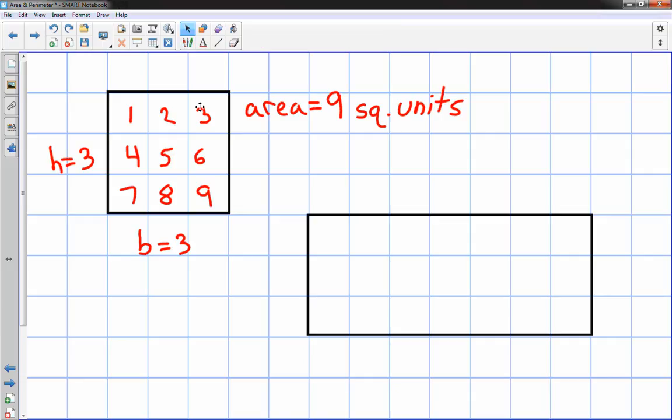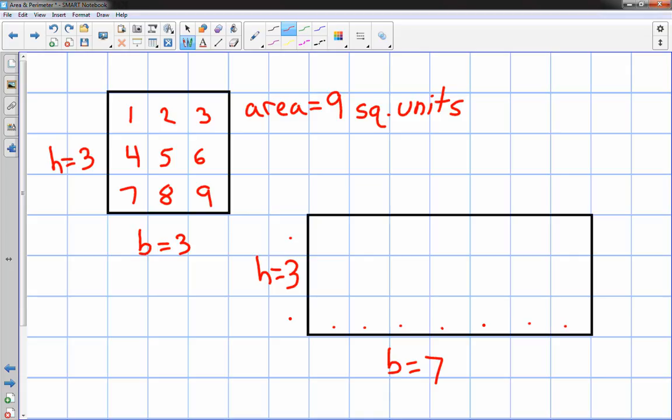Let's look at this rectangle. Okay, it has a height, 1, 2, 3, it has a height of 3. It has a base, 2, 3, 4, 5, 6, 7. The length of the base is equal to 7.